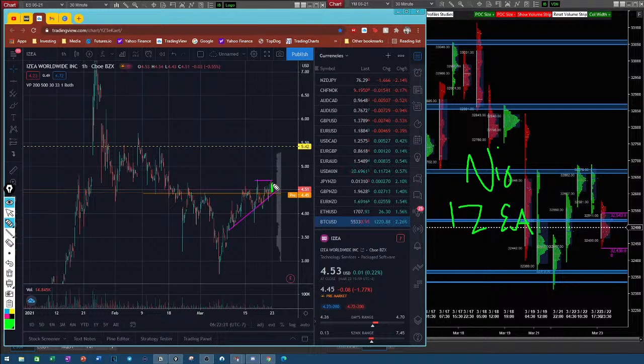That's the most important thing. I want to see that weak high retested, a break, and then my first target would be 542, 550-ish, something like that. So that's for IZEA. Not a bad setup either. Just make sure it watches that trend line.